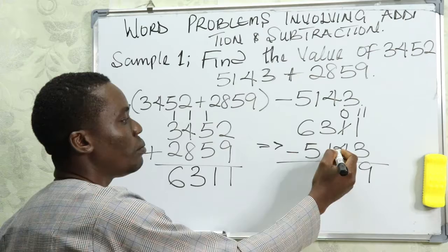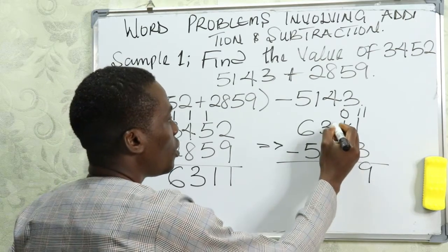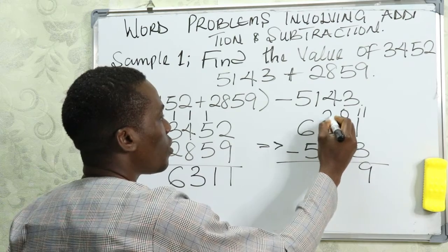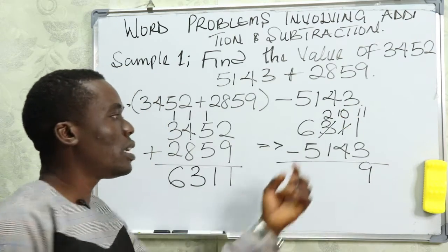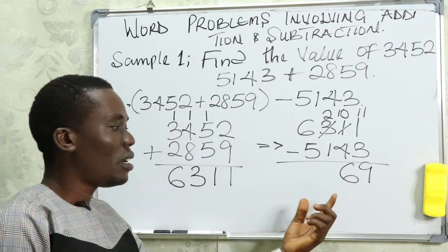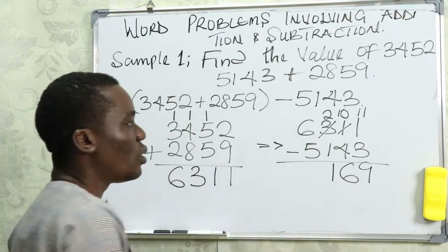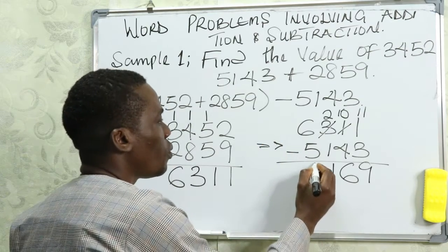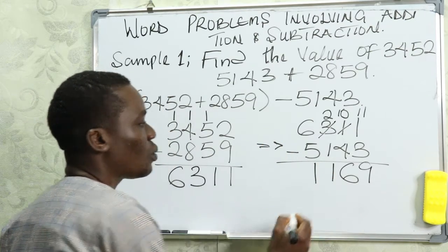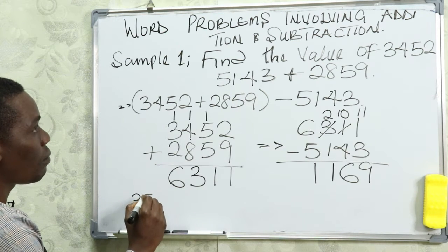So we have 0 remaining here. 0 minus 4, you know it's too small. It's not possible. We'll have to kill this, take 1 from it, add to this place. It makes it 10. 10 minus 4 will give us 6. This is 2 minus 1 will give us what? 1. And 6 minus 5 will give us what? 1.